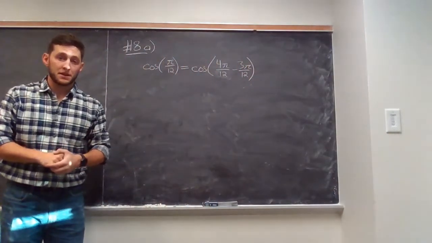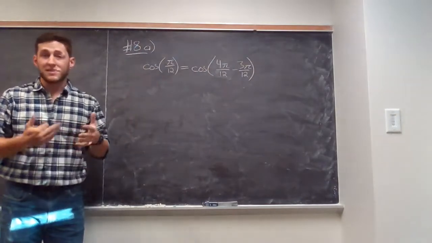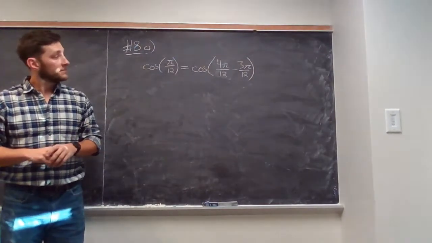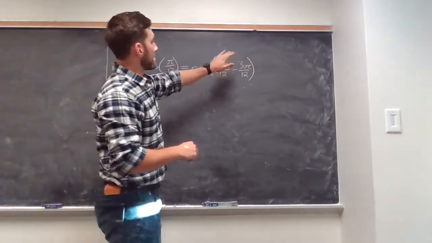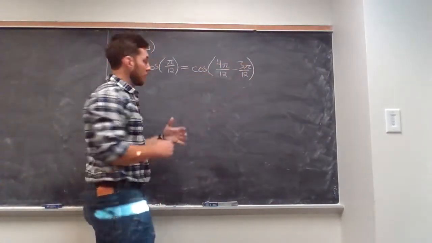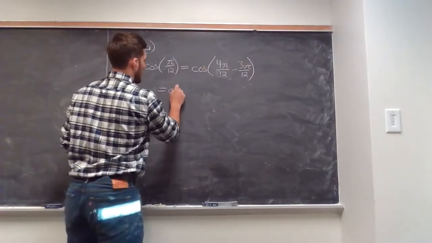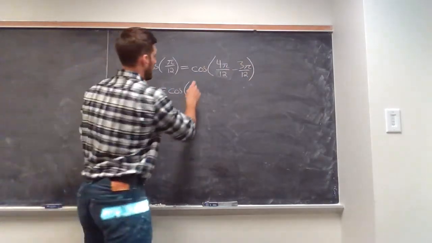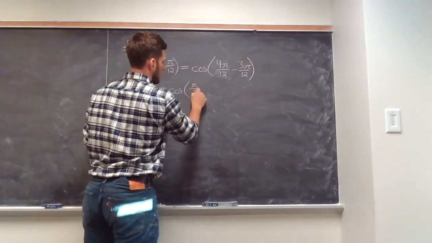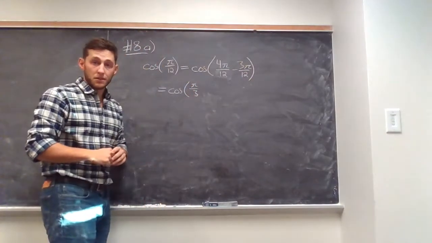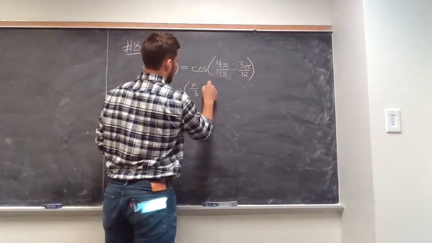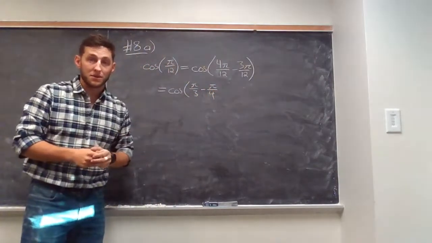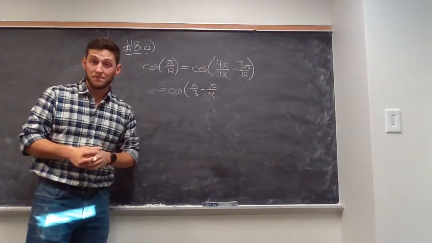Nice, tricky problem here. I need to see this step. Since I'm allowing calculators, if you just tell me what it is, it won't do. Since I can write it as 4 pi over 12 minus 3 pi over 12, I notice that 4 pi over 12 is pi over 3. That's a nice angle on the unit circle. 3 pi over 12 is pi over 4. That's a nice angle on the unit circle. I'm good to go.